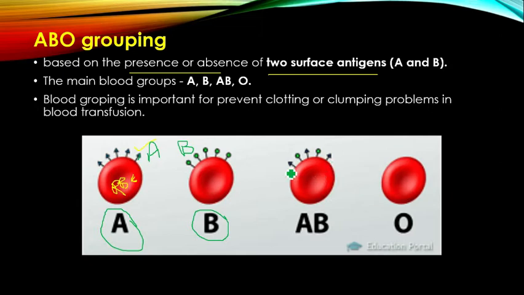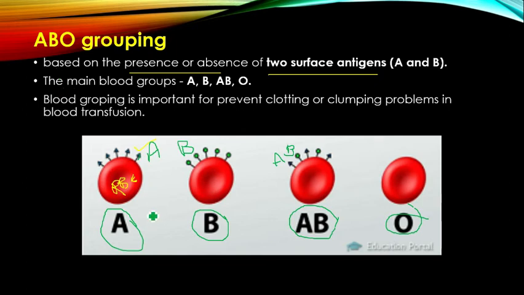If both antigen A and antigen B are present on the surface of RBC, then that belongs to the AB blood group. If there is no A antigen and no B antigen, that belongs to the O blood group.